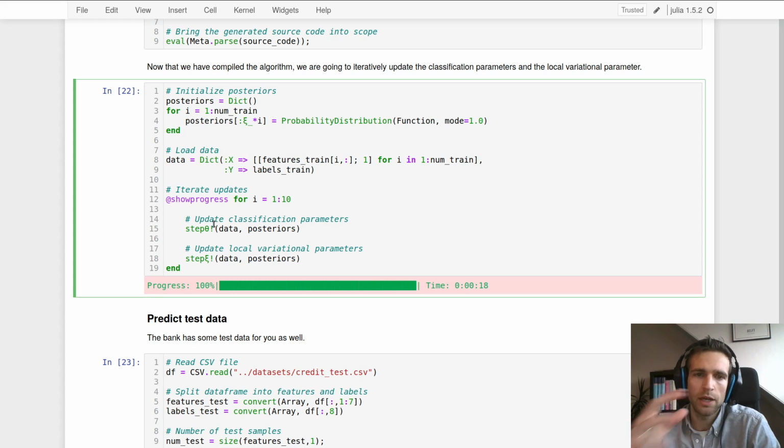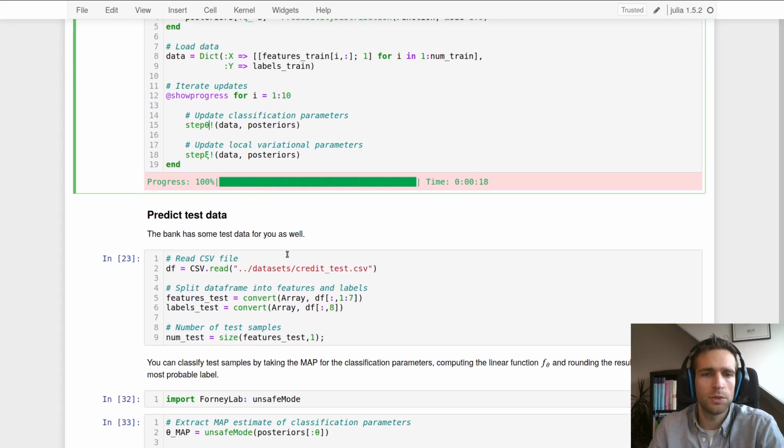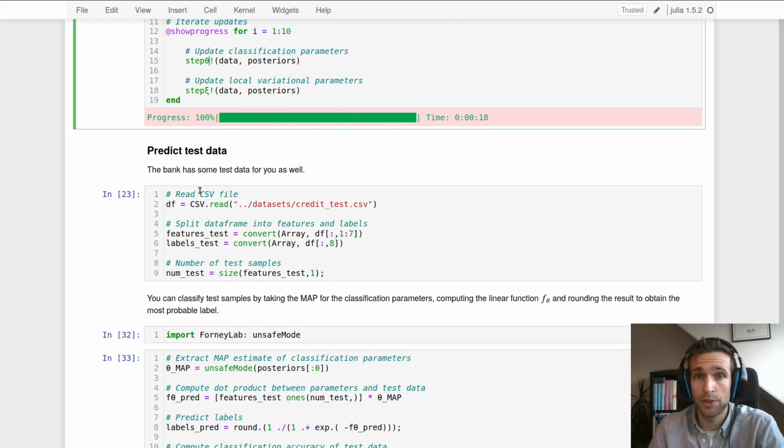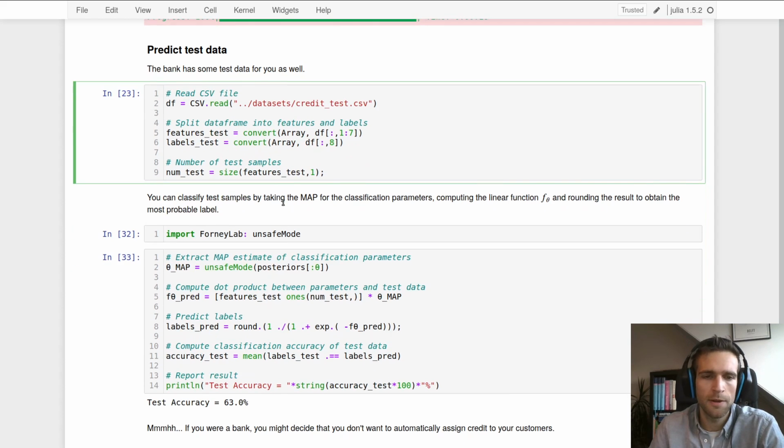To get an idea of how well these parameter estimates fit our model, we're just going to make some predictions on test data. We have a test data set as well, courtesy of the bank. Again, we're pre-processing that into arrays.